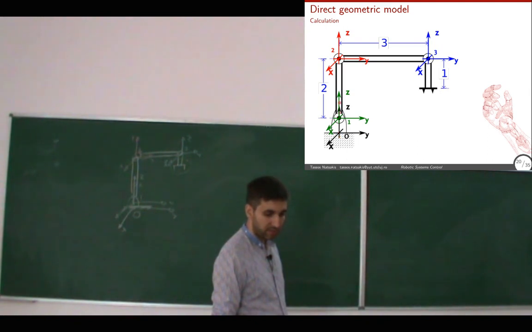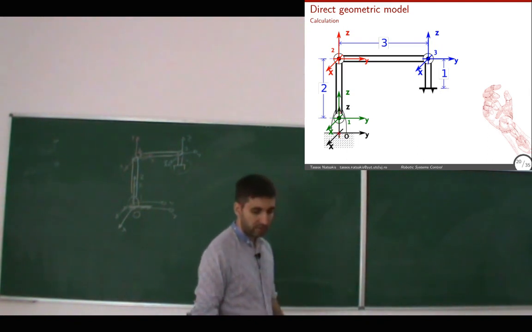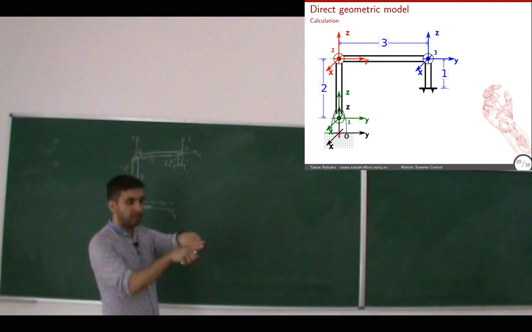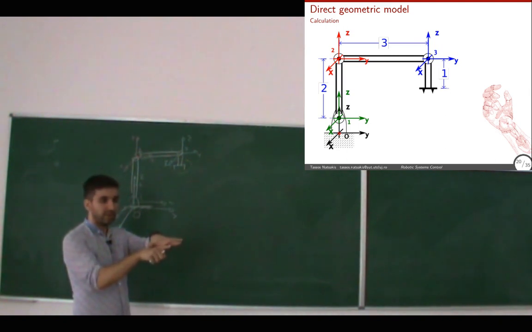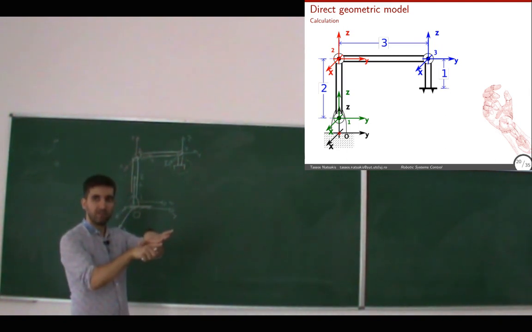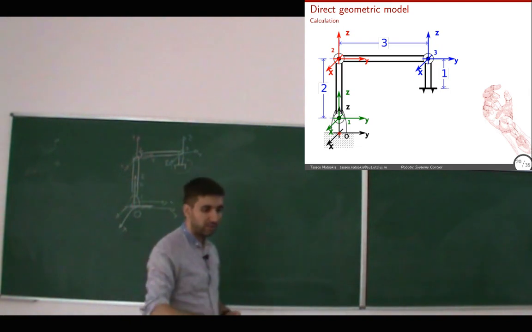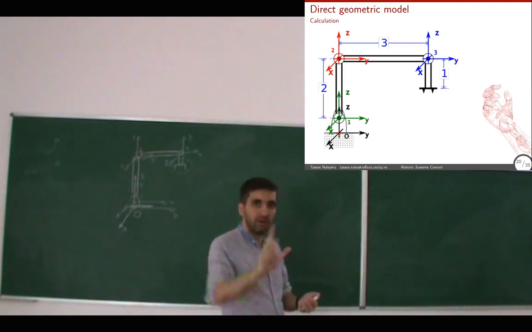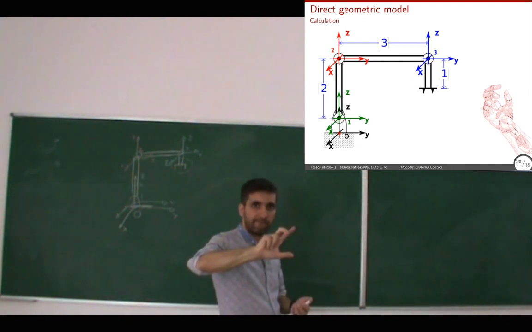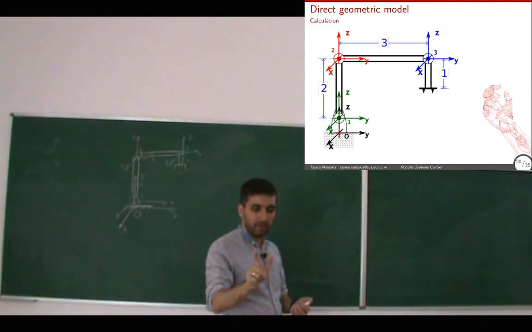I want to go to Z. If I rotate around X, then the X of the green one should be at the same position as the X of the black one. No, because it would be just rotating around that axis. And then the other two axes would be differently oriented. So the Y, the green one, would be different than the Y, the black one, because I had the rotation.